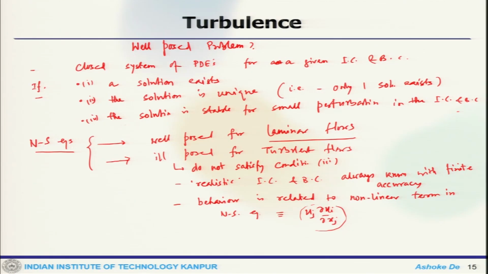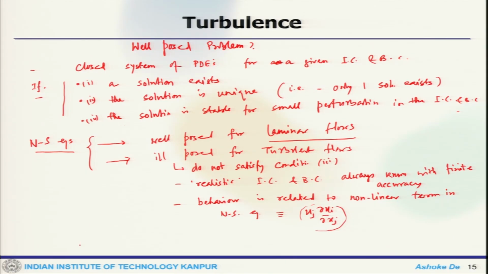So, one thing which is absolutely clear here is that for laminar flow the Navier-Stokes equation becomes a well posed problem. That means it satisfies all these three conditions: solution exists, solution is unique, and solution is also stable. But for turbulent flow it does not satisfy the third condition, that is why it becomes ill posed, and the behavior is somehow related to the nonlinear term.